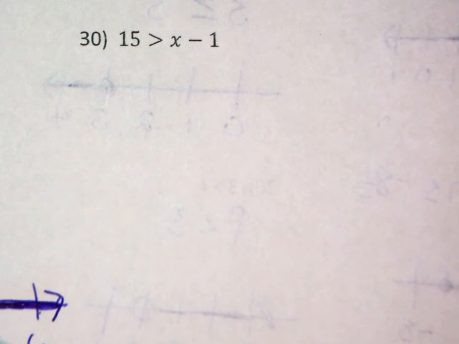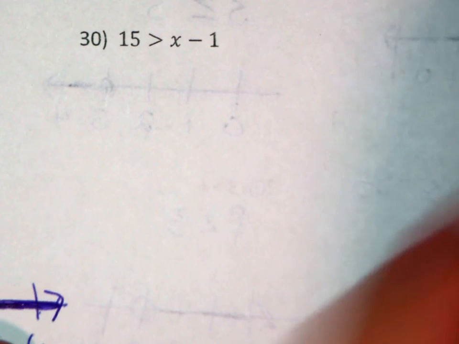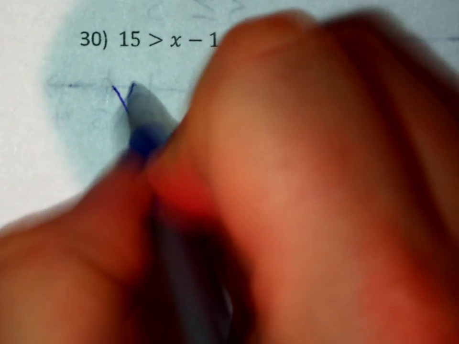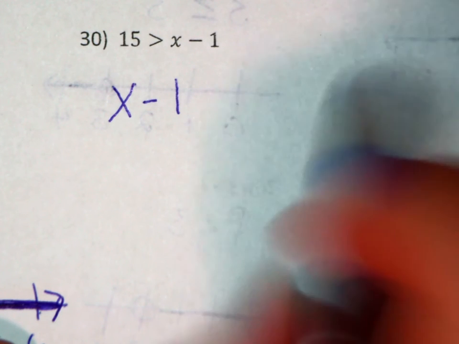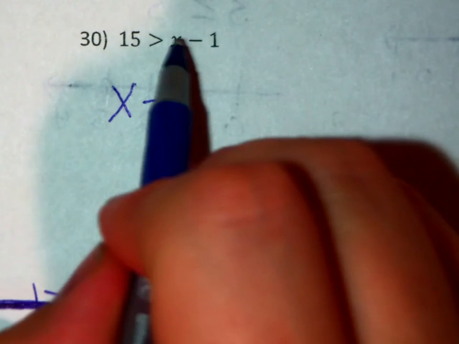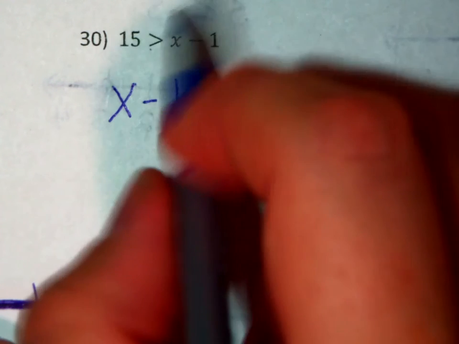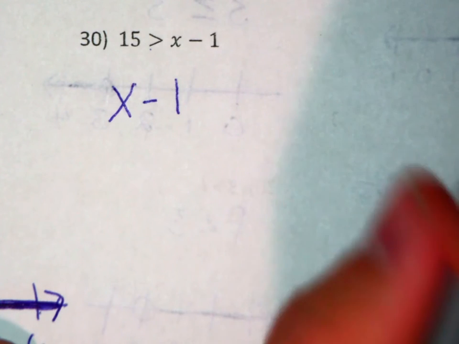Number 30, 15 is greater than x minus 1. One of the rules we learned is that we want to keep our variable expression on the left side. So I'm going to move it over here. And anytime you move the order of the terms or the expressions, you also flip the sign. So in essence, nothing's really changing.